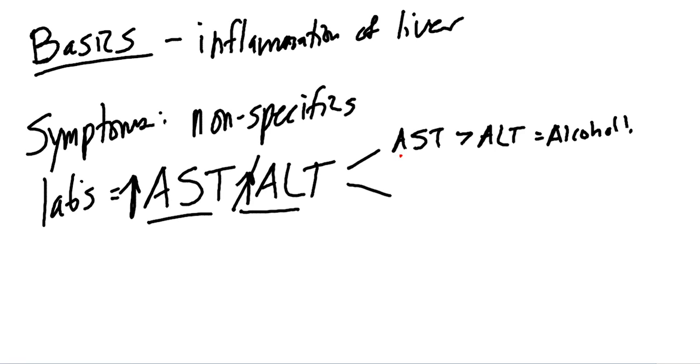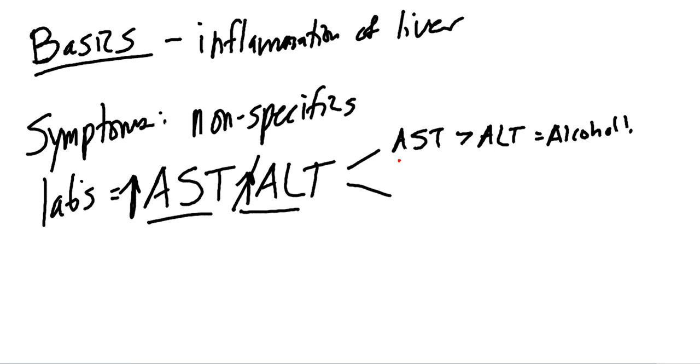There's going to be autoimmune, there's going to be chemical, like toxin mediated, and one of those toxins could be alcohol. There's viral. There's tons of different causes. Today's lecture is primarily going to focus on viral, because viral is where the test questions come from. Yes, alcoholic hepatitis can occur. However, it's going to be viral.